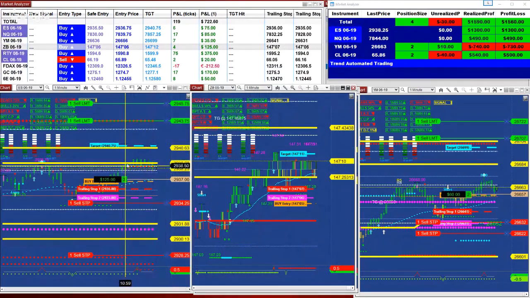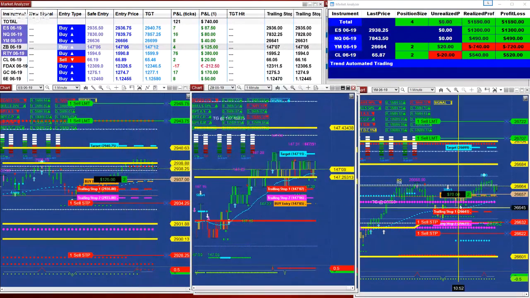And you can see how that ES is not going anywhere. That's why I'm not interested in this long trade.